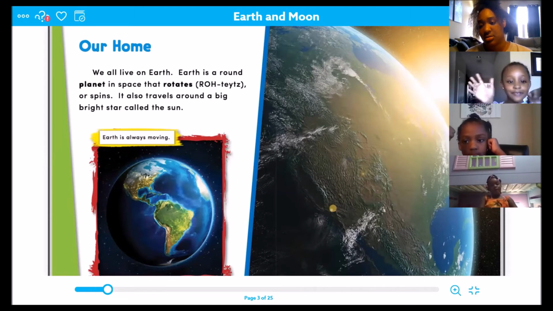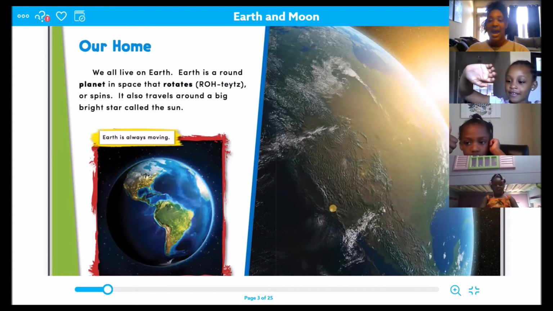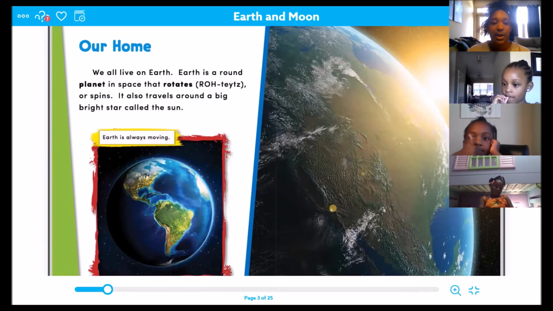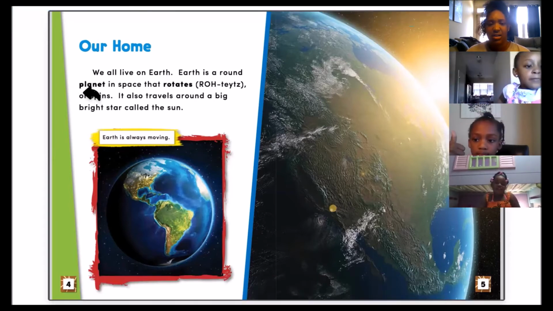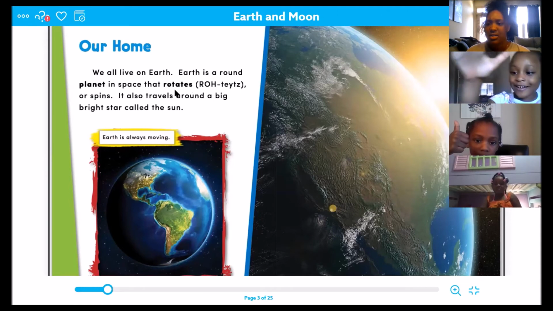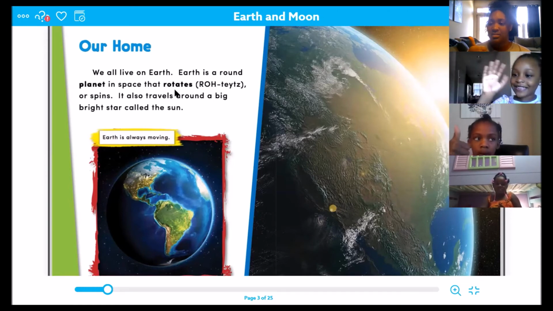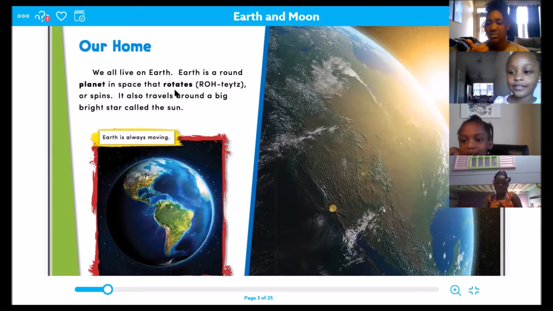The moon goes up at night. Then the sun goes up at morning. I know, but we're looking for things in nonfiction books. So look on this page. Look at these words. This word is real dark. See that, Olivia? You got a question?